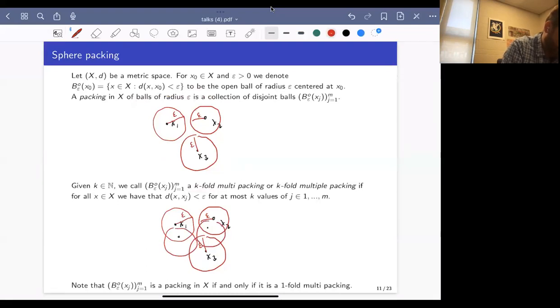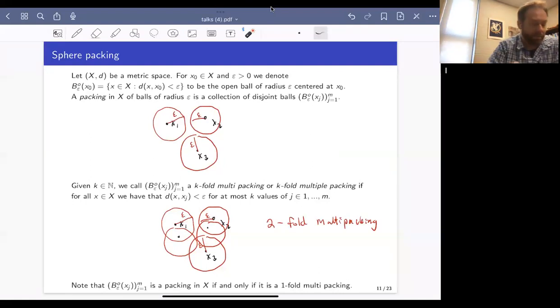So let's say do something like this. So I've added some points now, and here I have 2 overlap, here 2 overlap, 2 overlap, 2 overlap, but I never have 3 of them overlap. And so this is a two-fold multi-packing. And so note that a packing is just a one-fold multi-packing.